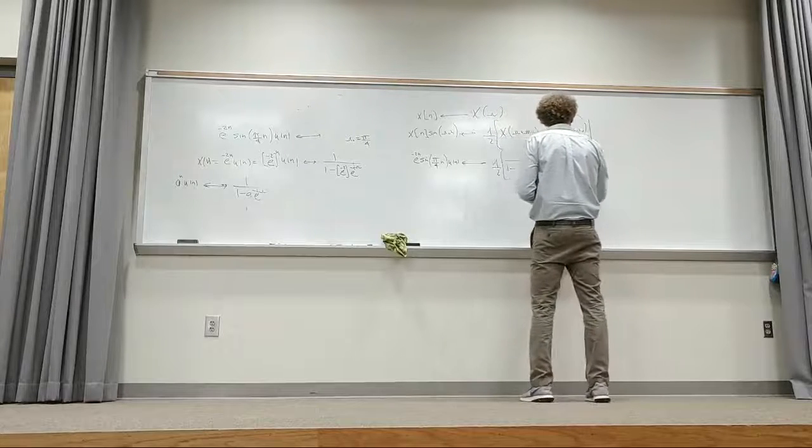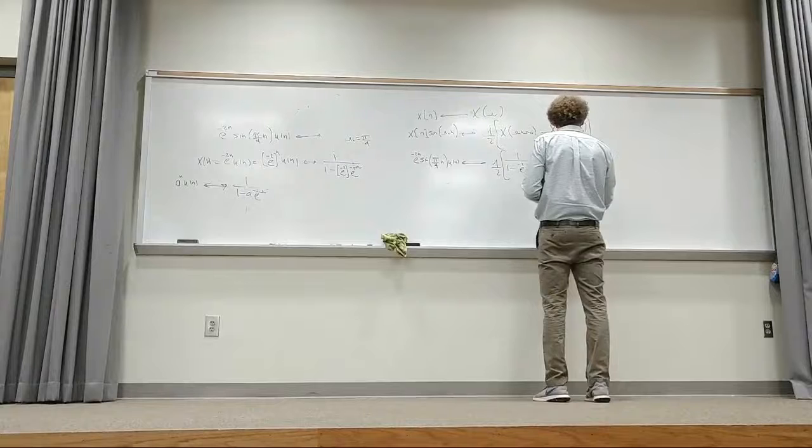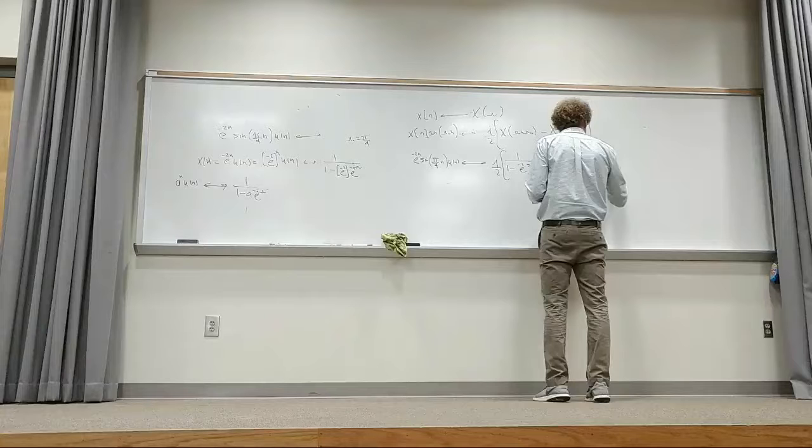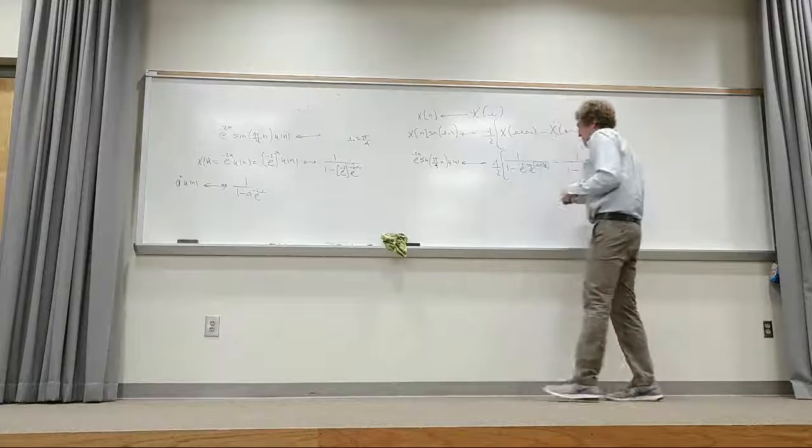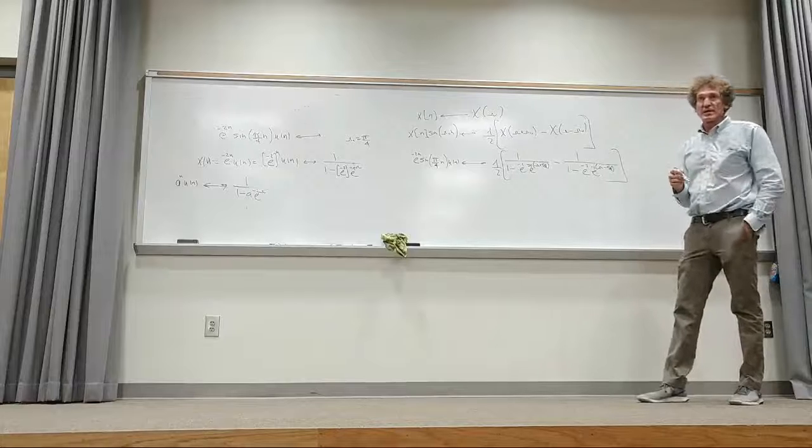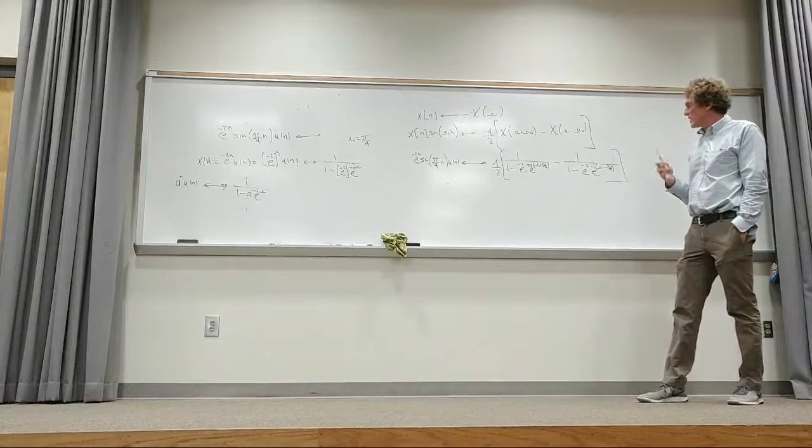And then I put minus 1 over 1 minus e to the minus 2 times e to the minus j quantity omega minus pi over 4. And that would be it. That's the correct answer. If you want to get a common denominator, you can.